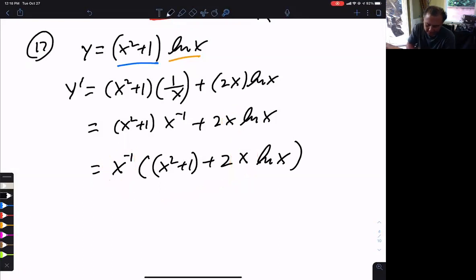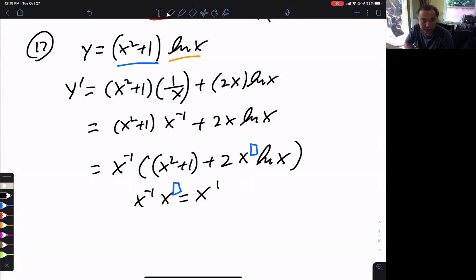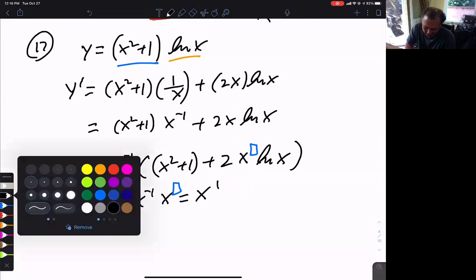So let's do that. X to the minus 1 times x must equal x. What power goes there? And that's a 1. Yeah. Everyone agree 2? 2? I see a 2.